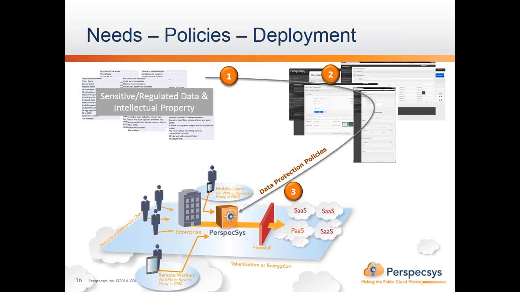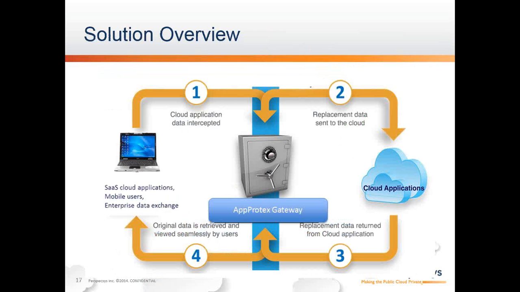And then on the way back in, as I'll describe in the next slide, the gateway brings it back into clear text form. So the end users should be none the wiser that this is going on. They think they're just interfacing directly to the cloud application of their choice and being able to use it to its full beneficial use.